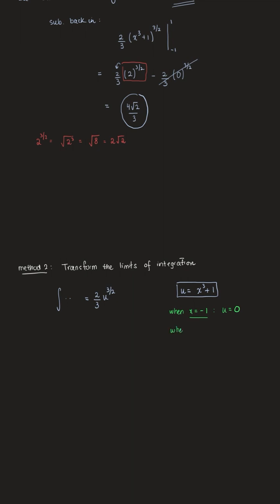And for the upper limit, when x equals 1, then u will be 1 cubed plus 1, which will give us a 2. Now we've got our solution, which is 2/3 u to the 3/2 from u equals 0, that's our lower limit now, to u equals 2.